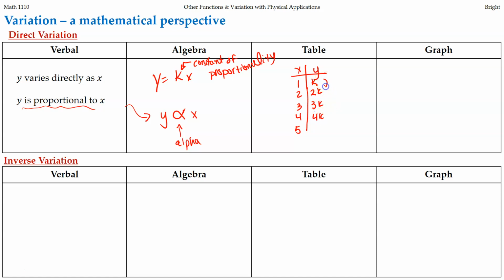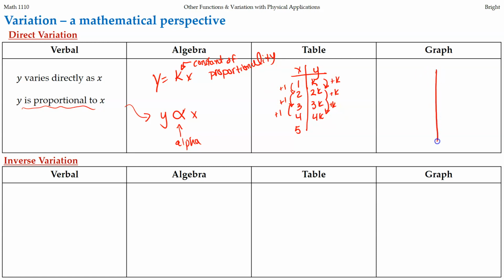Every time I add 1 to x, y ends up adding the same amount, k. More importantly, what we notice is that as x changes, y changes in the same direction. If I'm adding to x, y also adds. This is another way of thinking about direct variation.